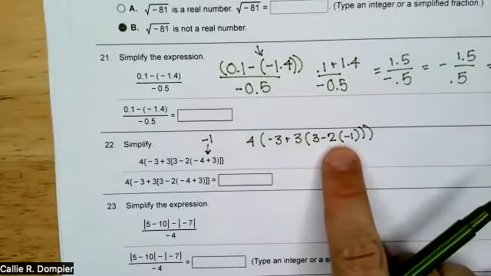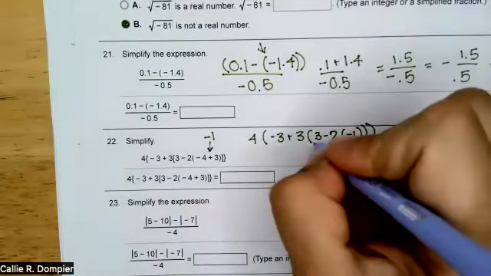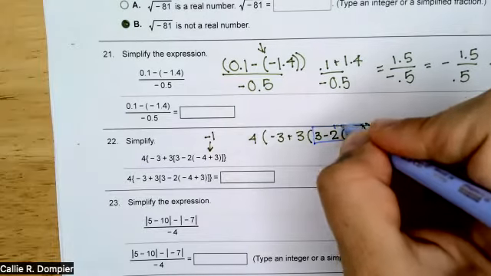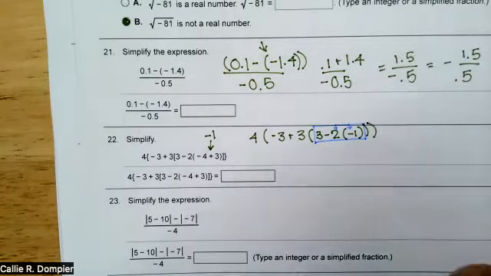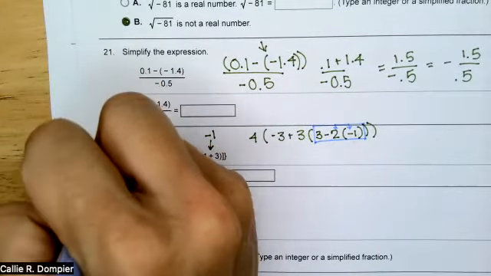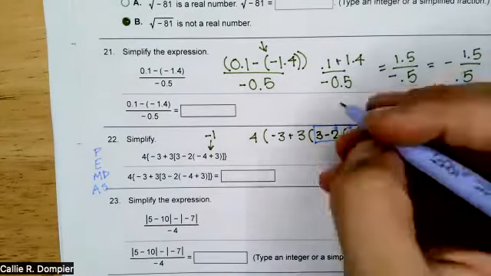Now the innermost parentheses is 3 minus 2 times negative 1. These are being multiplied and we multiply before we add, right? So if you're thinking about PEMDAS, we multiply the 2 and the negative 1 before we subtract.